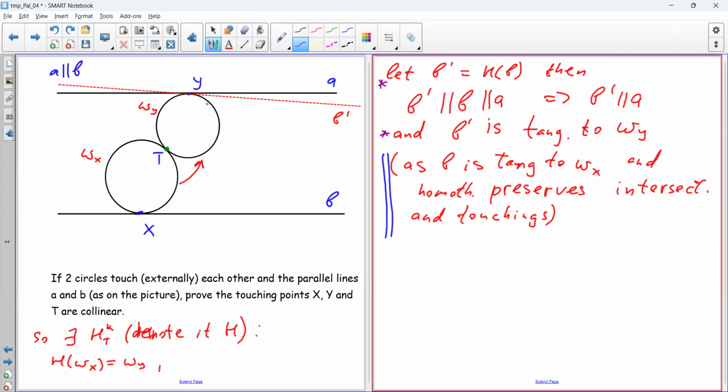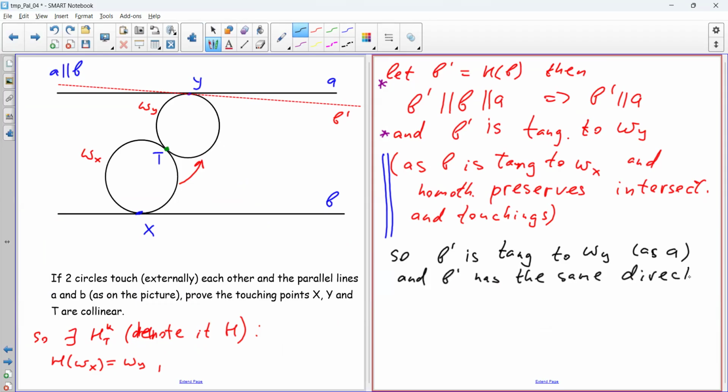But then we have that B prime is tangent to omega y as A is, and B prime has the same direction as A. So speaking inaccurately, we may already notice that probably B prime coincides with A, because we have a straight line which is parallel to A and still tangent to the circle.